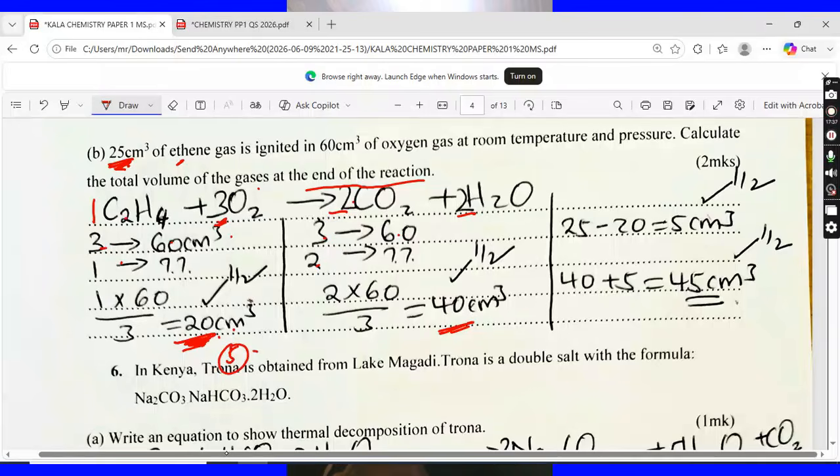And at the end, we have 40 cm³ of carbon dioxide produced. So the total volume of the gases at the end will be 40 plus 5, the unused ethene, and that is where we have 45 cm³ of the gas mixture at the end of the reaction.